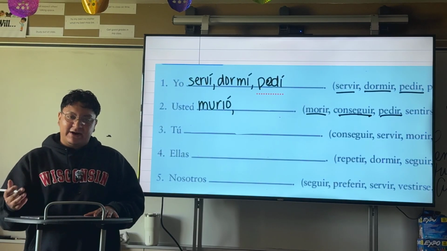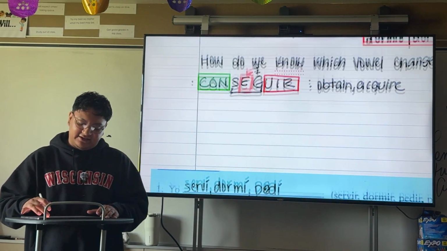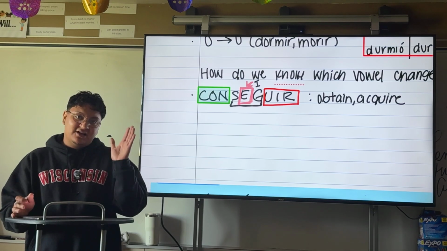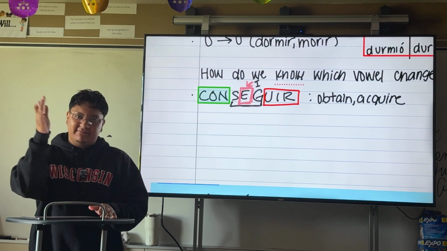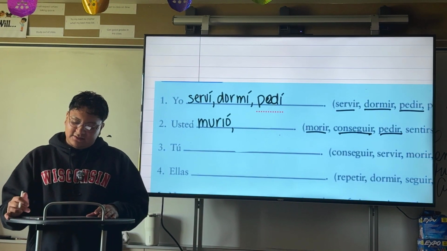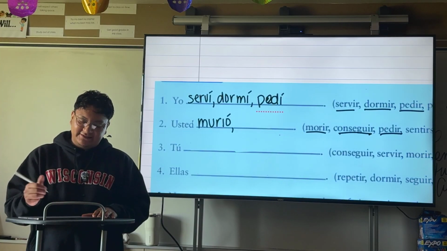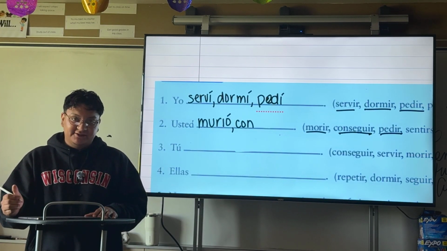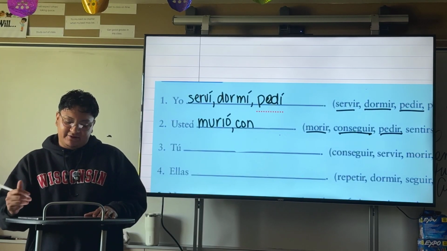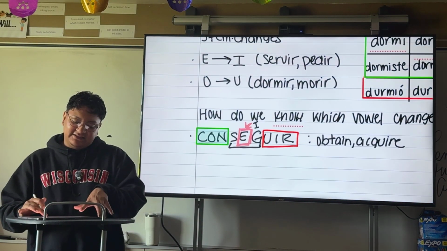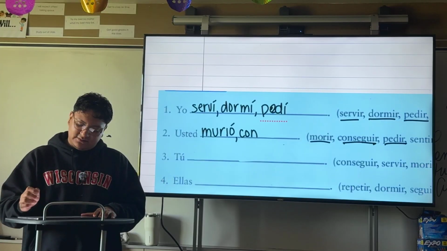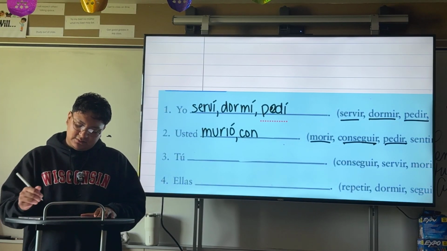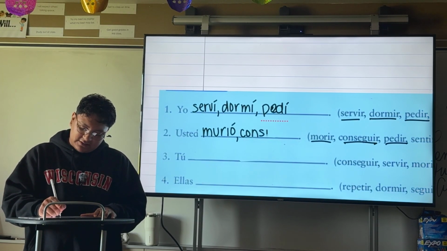We did the practice one with this one right here, where you had to break it down into our prefix, our stem, and our suffix. So we know that our prefix stays the same, so we can write that down. And our root, seg, changes, right? Remember, changes from an E to an I. S-I.